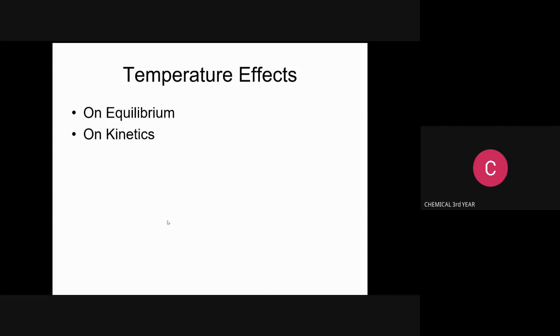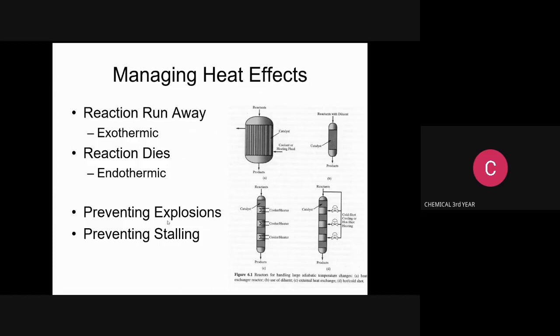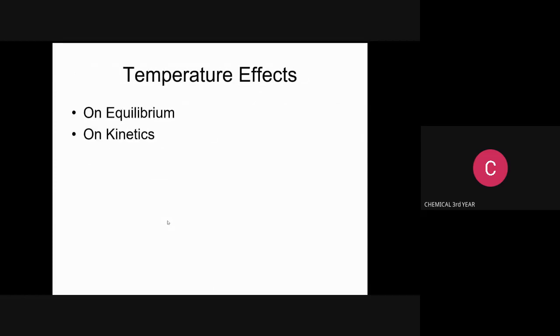In these terms, we discuss the heat effect. You have to ask the question: what are the heat effects? The heat effect is nothing but the temperature difference in the reactor.